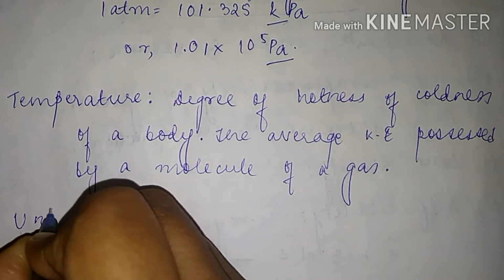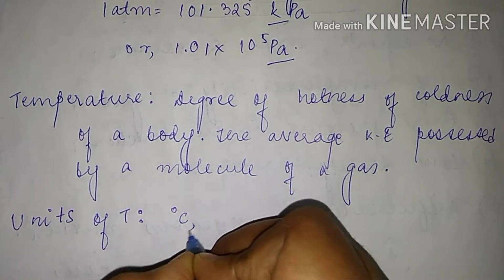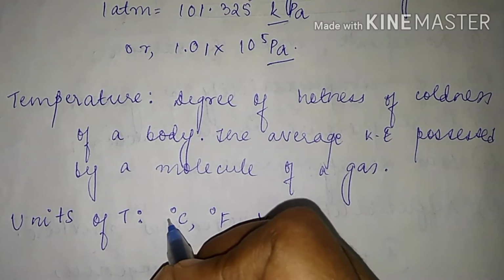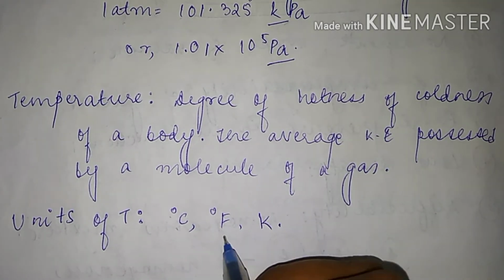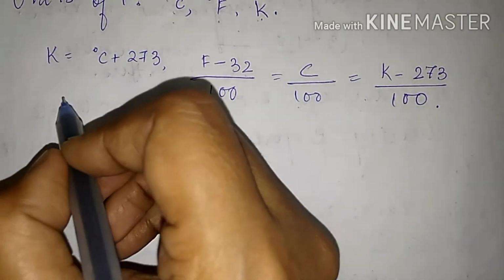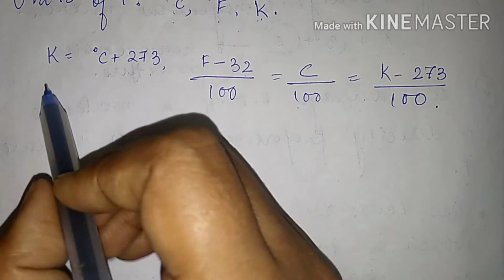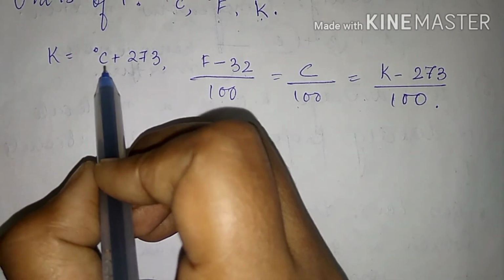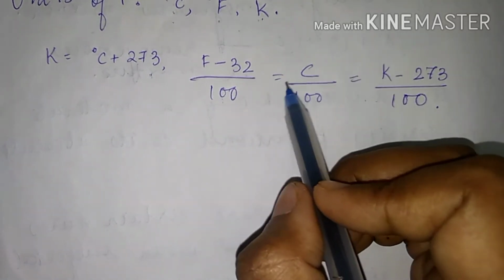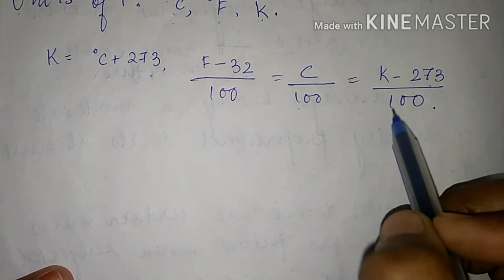The units of temperature are degree Celsius, degree Fahrenheit and Kelvin. Keep in mind we use degree with Celsius and Fahrenheit and not with Kelvin. The relationships between the units are Kelvin equals degree Celsius plus 273, or (Fahrenheit minus 32) by 9 equals Celsius by 5 equals (Kelvin minus 273) by 5.